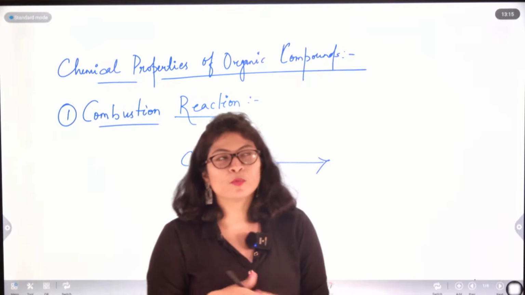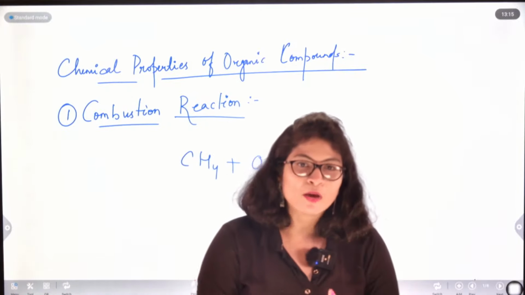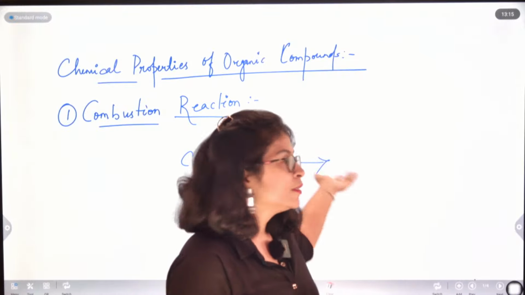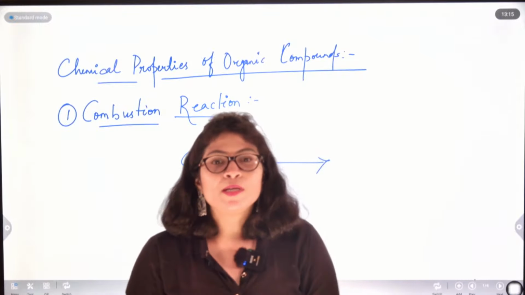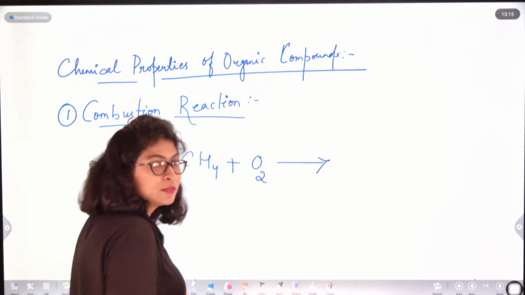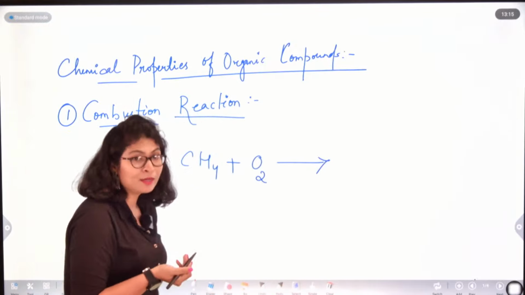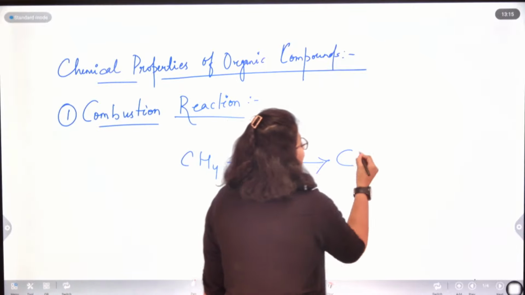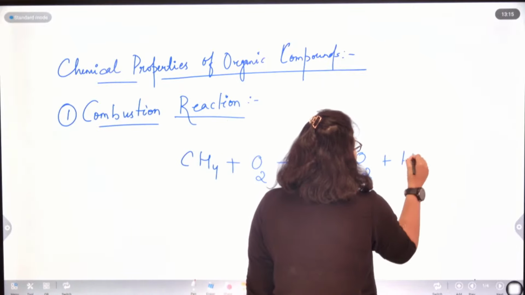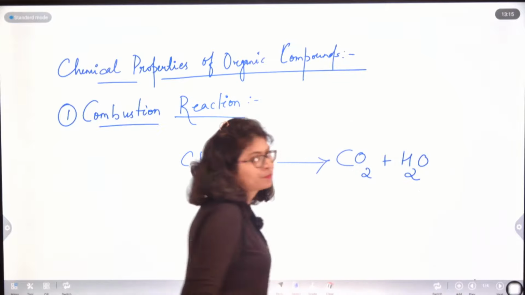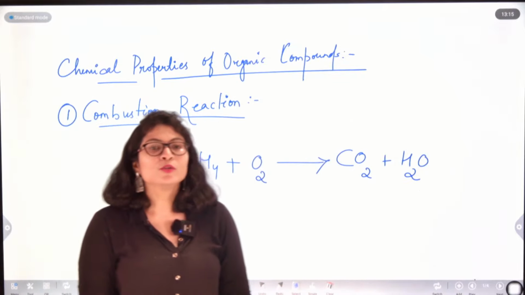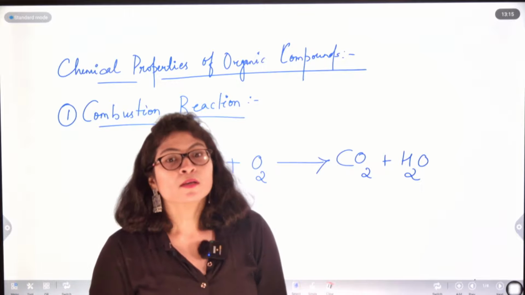So whenever you encounter a reaction written as CH4 plus air, you will simply take oxygen. If methane is reacting with oxygen, what products will you get? Methane burns to give carbon dioxide and water.